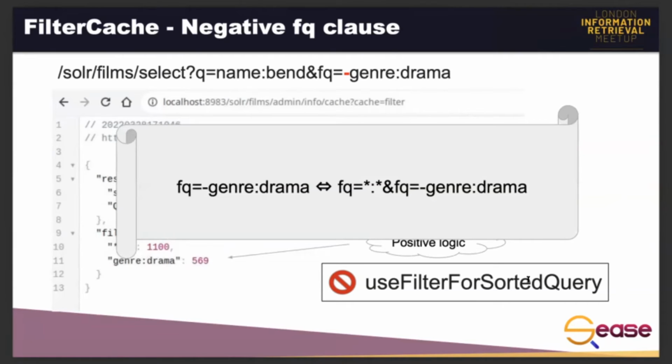It's because if Solr notices that all the filter query clauses are negative, in this case we have only one, so 100% of them, it transforms the negative query into a composed condition of all documents minus the drama films. It executes these two clauses separately, and then we can find both keys in the filter cache.